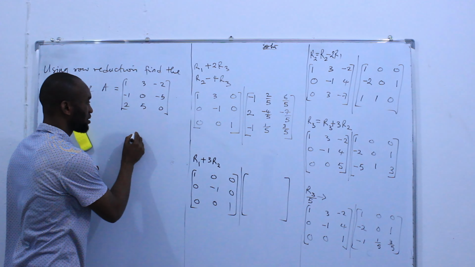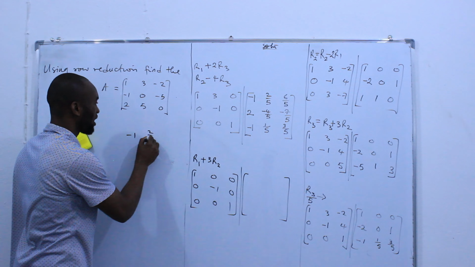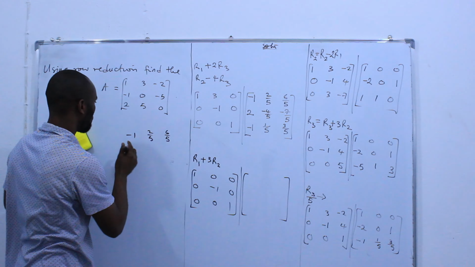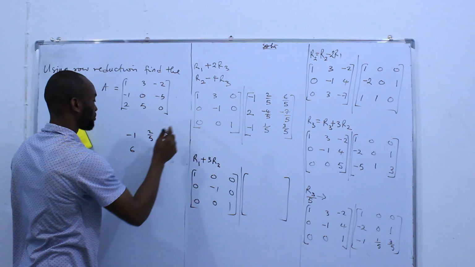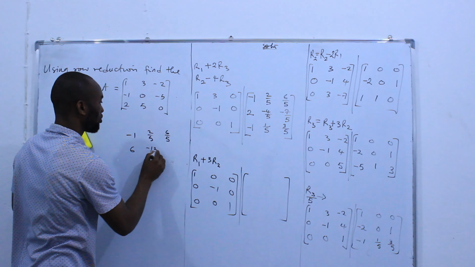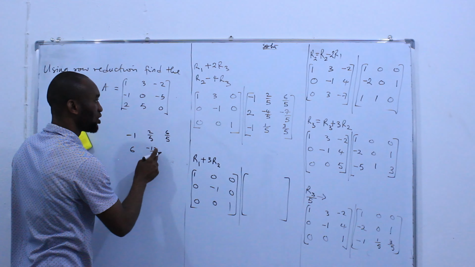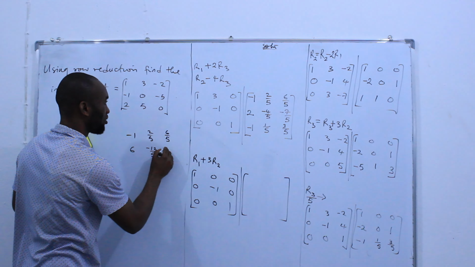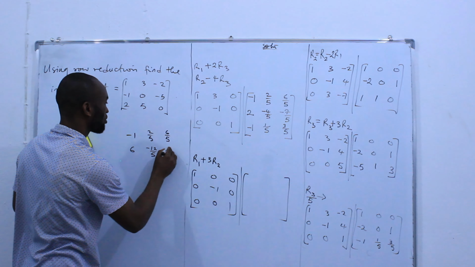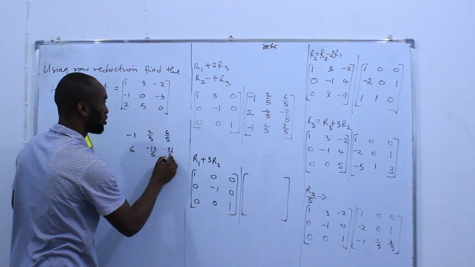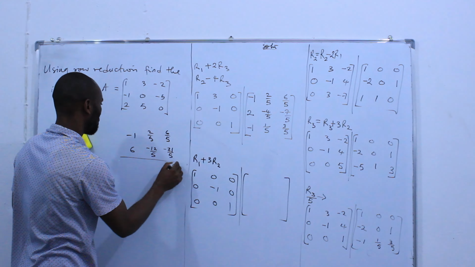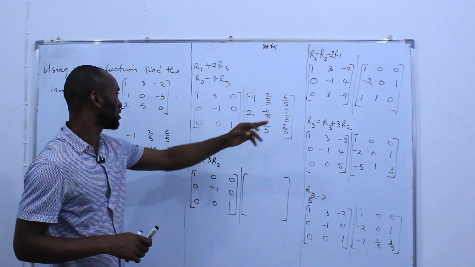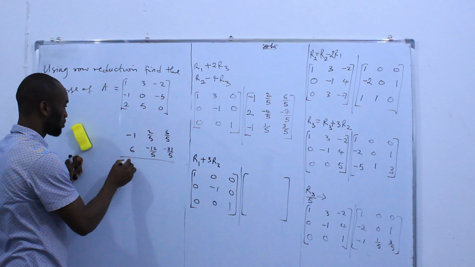Our row 1 is minus 1, 2 over 5, 6 over 5. And then 3 row 2 is 6, minus 12 over 5, and 3 times that gives minus 21 over 5. If you add, this is row 1 plus 3 of this. This and this will give us 5.